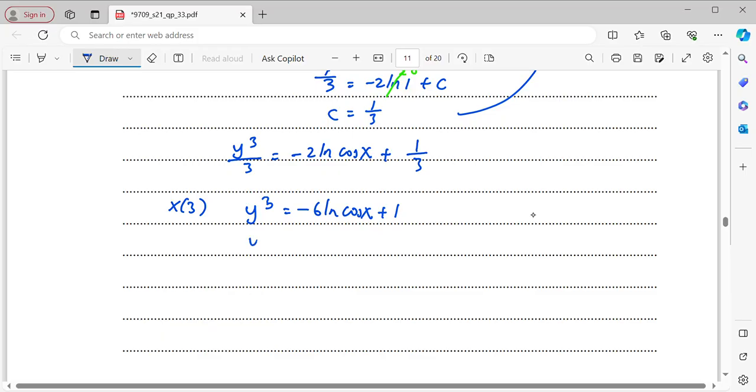To eliminate the degree 3, I will take cube root. So cube roots on both sides, it will be y equals cube root of 1 minus 6 ln cos x. So that is the solution of this question.